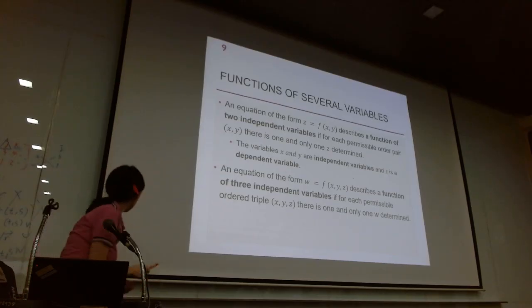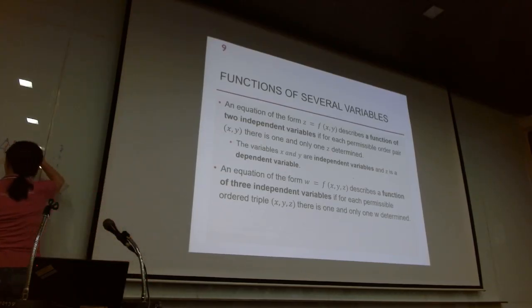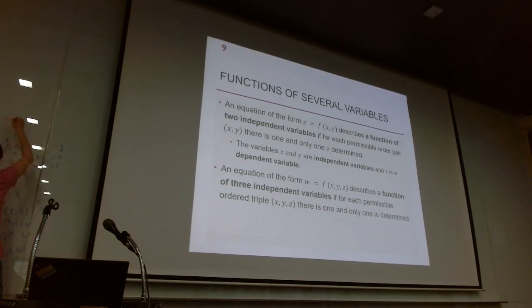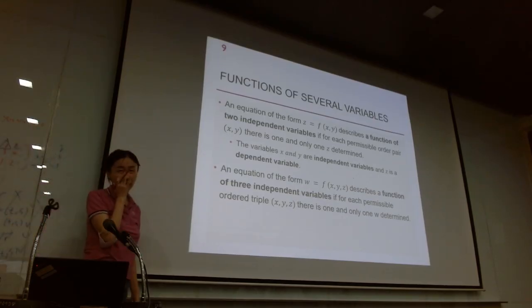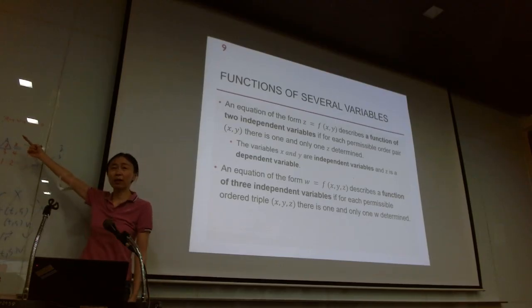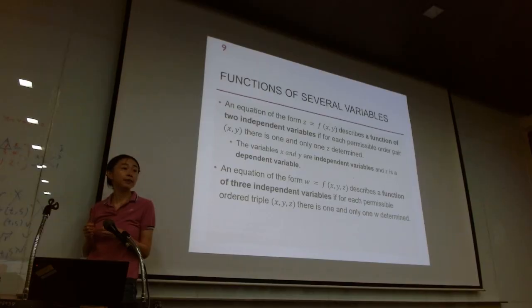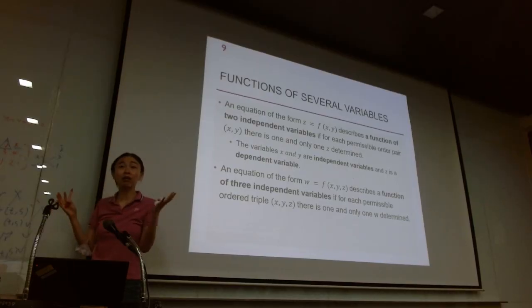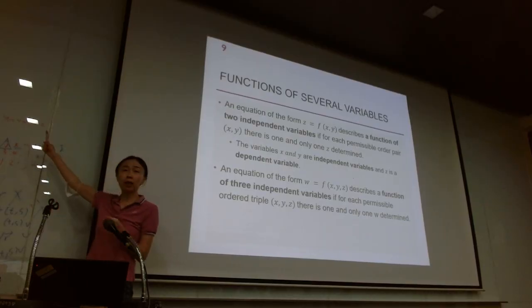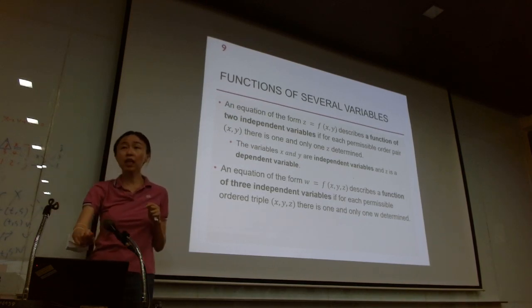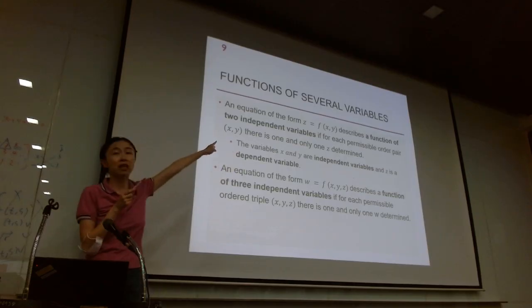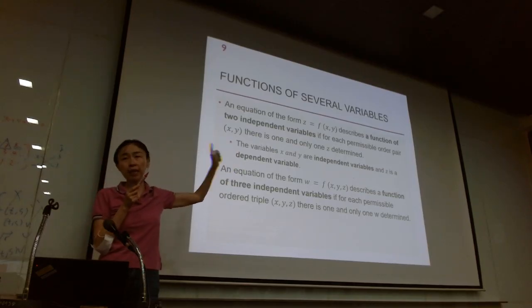Then I ask you, for this one, which one is dependent, which one is independent? If it's arbitrary, you can make anyone. Yes, you can make anyone, okay? Usually you can randomly pick anyone, okay? But if it's like this, z equal to f(x, y), if they wrote it like this, it means they already picked z as dependent, x, y as independent.